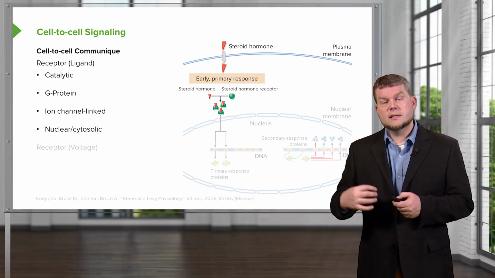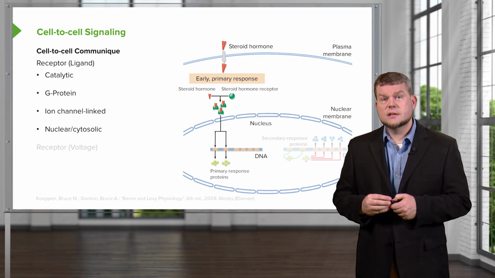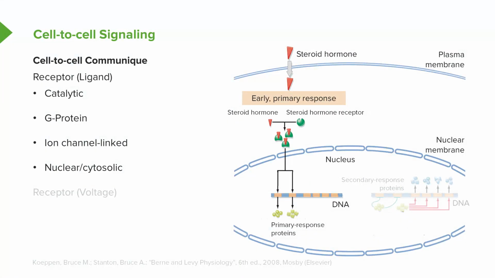This is then translocated into the nucleus, and it will bind to a response element. You'll get an initial response in which you will then produce various proteins. And as you produce proteins, then you will have a response via a nuclear signal.